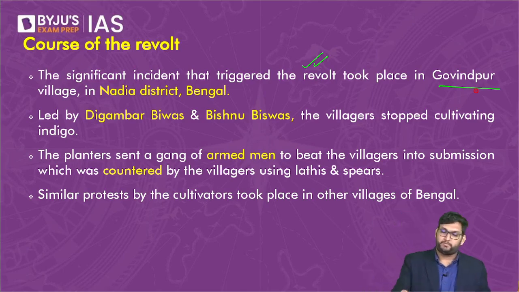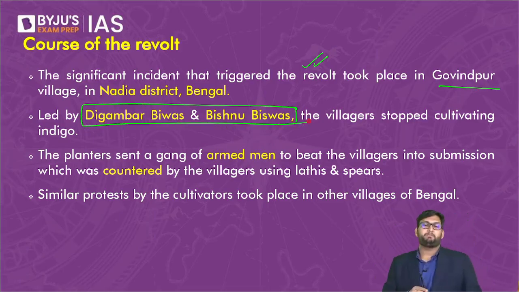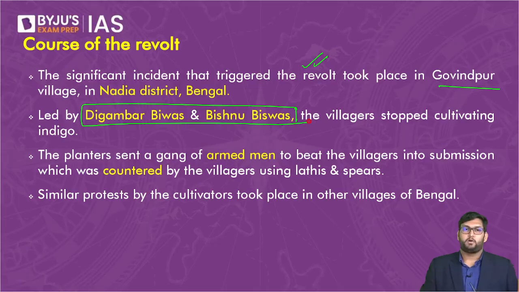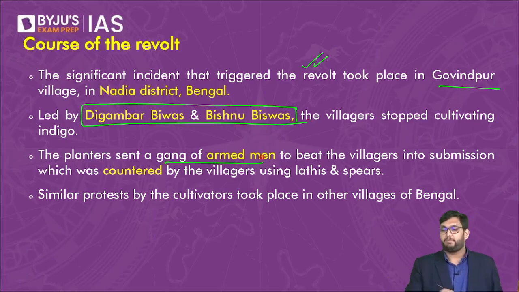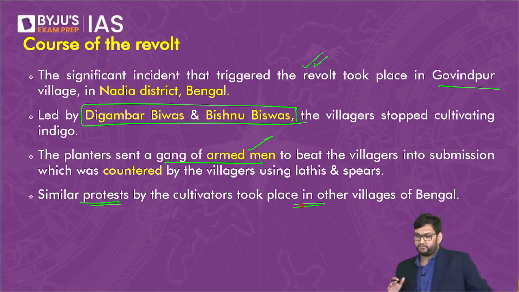There are two very important leaders who will emerge, Digambar Biswas and Vishnu Biswas, who will stop cultivating indigo. The planters will send armed men and the villagers will counter these armed men with their own lathis and spears. And similar protests will start to happen all across Bengal generally, and the revolt will start to spread.